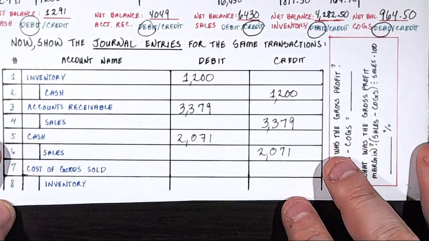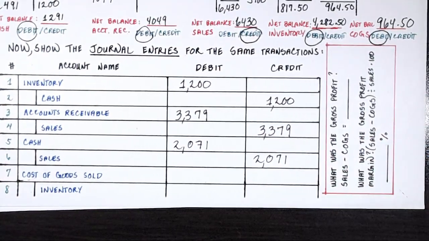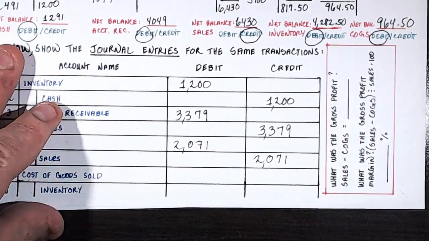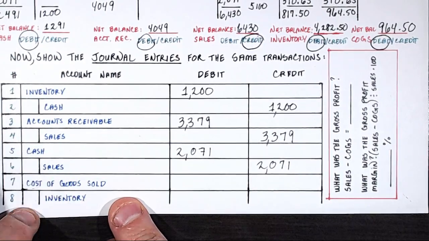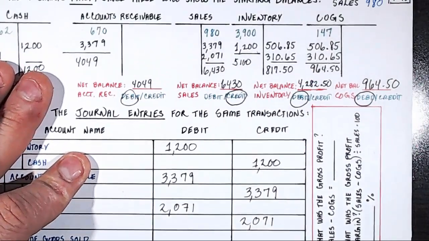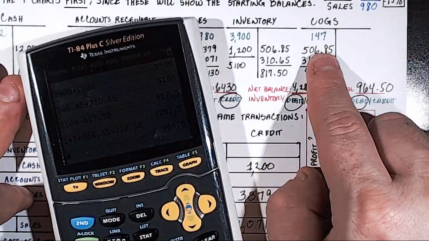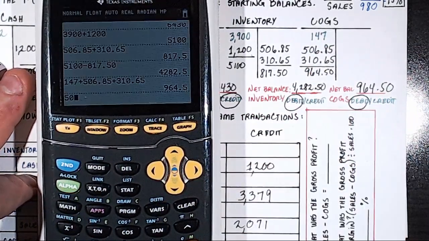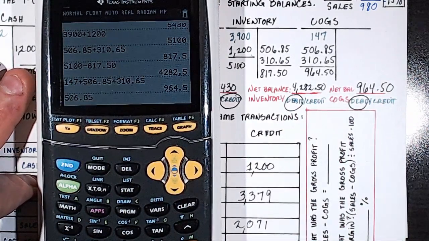And now it's time to offset the entries with cost of goods sold and inventory. So I've got to reduce inventory and increase cost of goods sold. This combines the cost of goods sold for credit sales and for cash sales. So go back up here. These are my two numbers, and I need to add the cost of goods sold for credit card sales, which was 506.85, to the cost of goods sold for cash, which was 310.65.